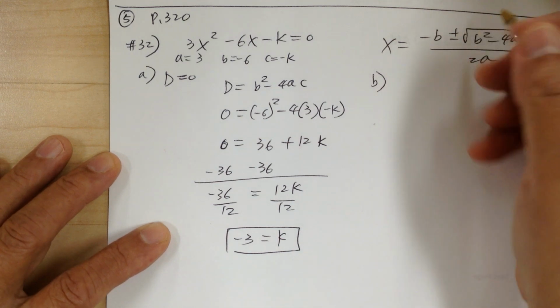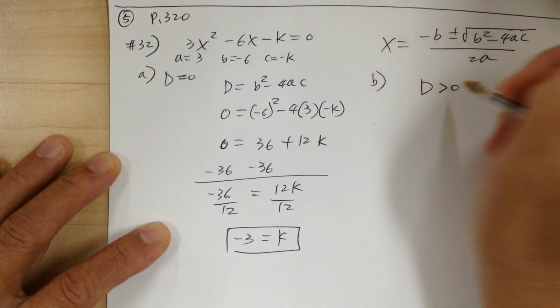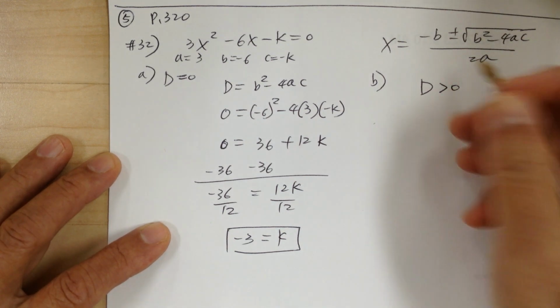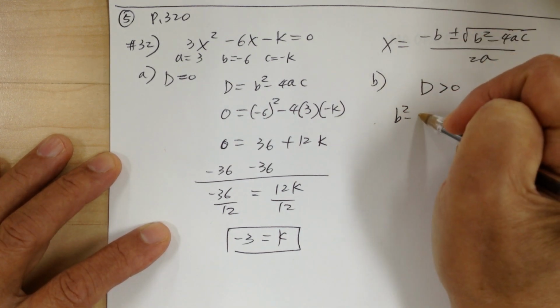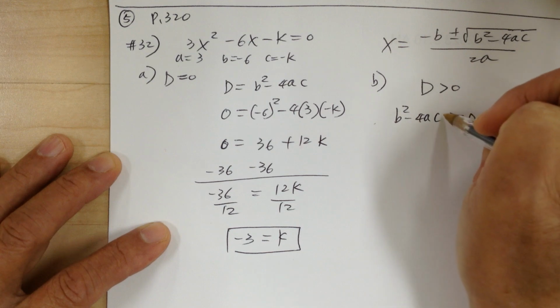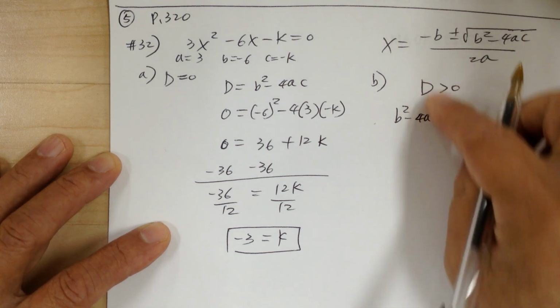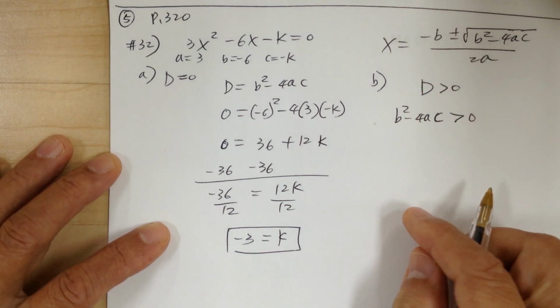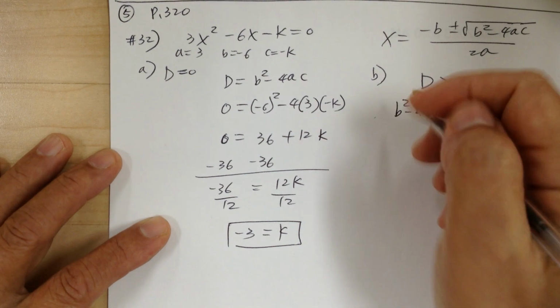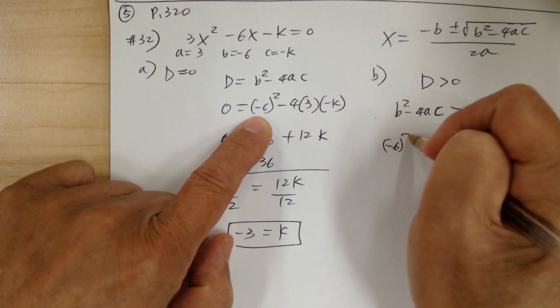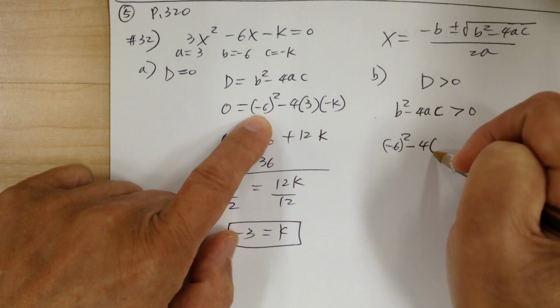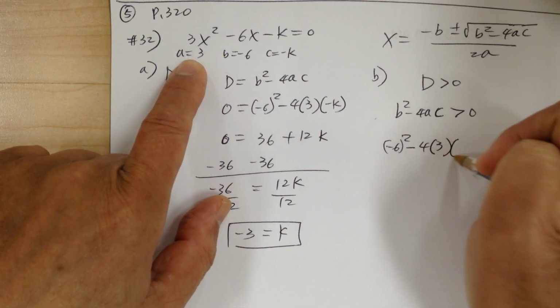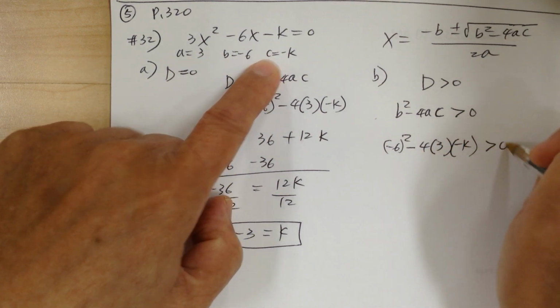to have real roots, that means D has to be greater than 0. You substitute, so you're going to get b squared minus 4ac is greater than 0. That's what D is equal to. You did all this already. So you got negative 6 squared minus 4ac is greater than 0.